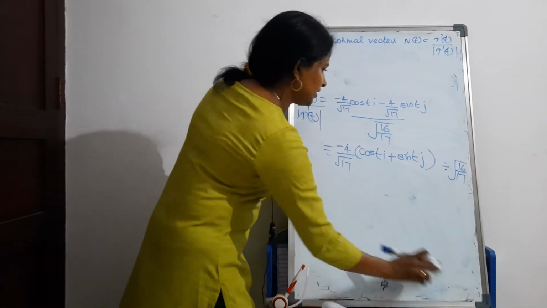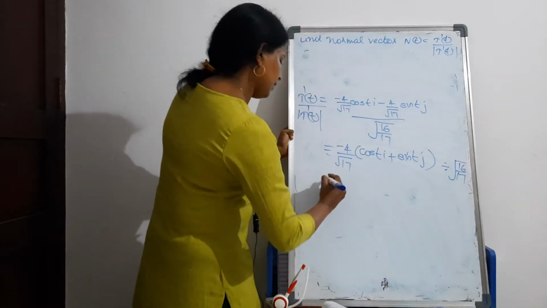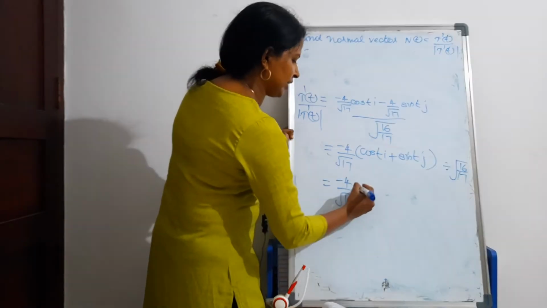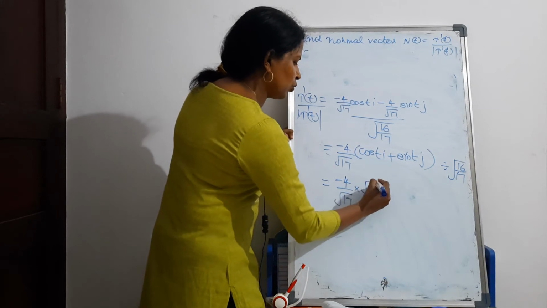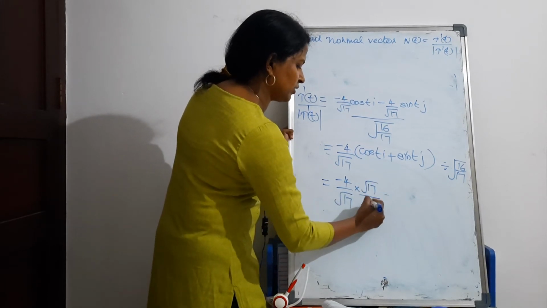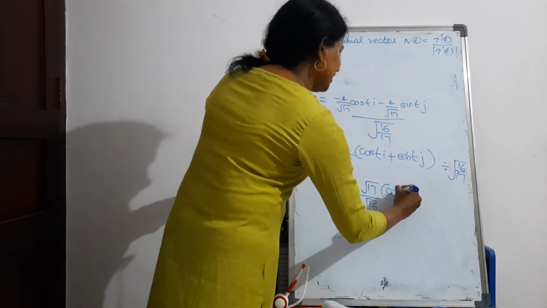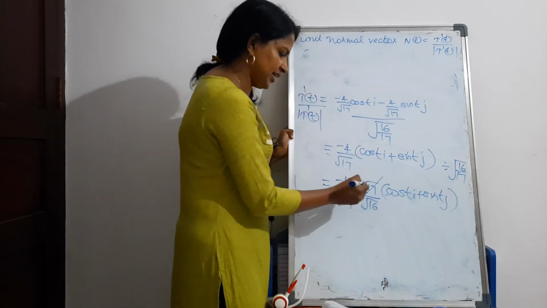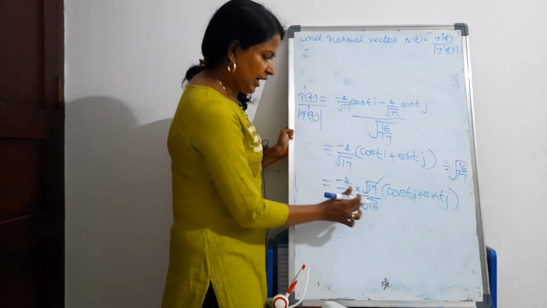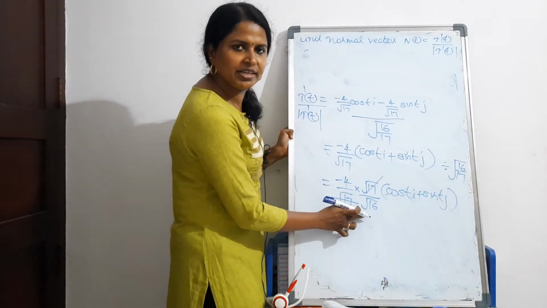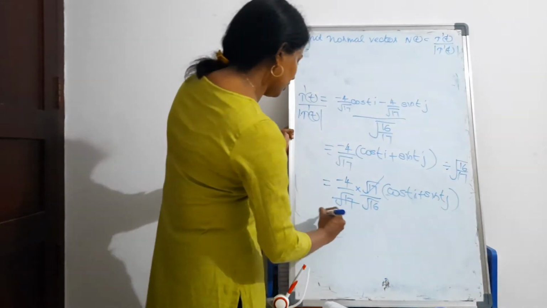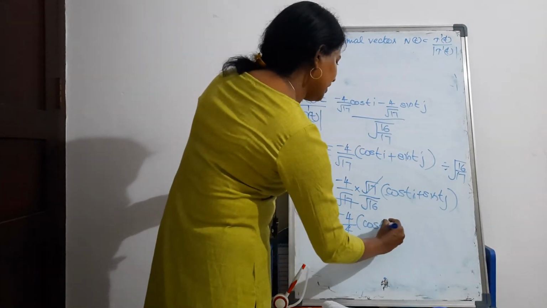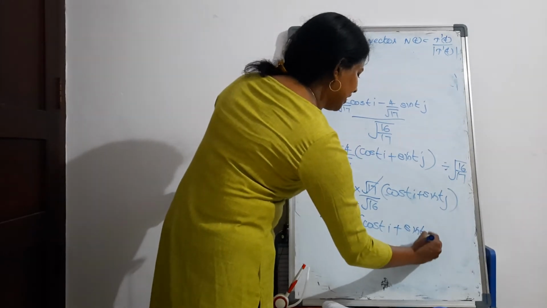Here minus 4 by root 17 is common. Taking the reciprocal, it is minus 4 by root 17 into root 17 by root 16 times cos t i plus sin t j. What is root 16? Root 16 is 4. That is minus 4 by 4 cos t i plus sin t j.